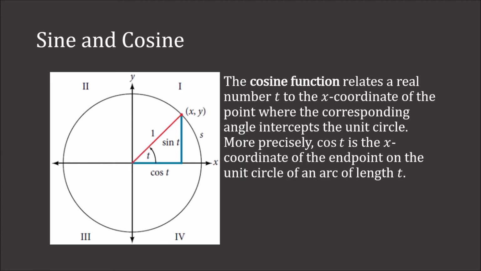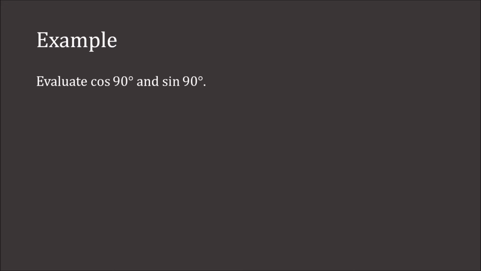So let's go ahead and evaluate the cosine of 90 degrees and the sine of 90 degrees. So to do this, let's draw a unit circle.